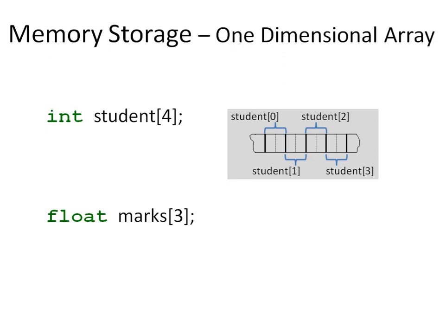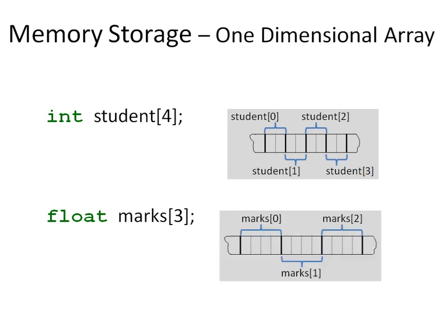Then comes the element at index position 2, and the last 2 bytes out of these 8 bytes will be used to store the element at index position 3. So accordingly, we have marked these things in the figure. This is student 0, then student 1, then student 2, and finally student 3.